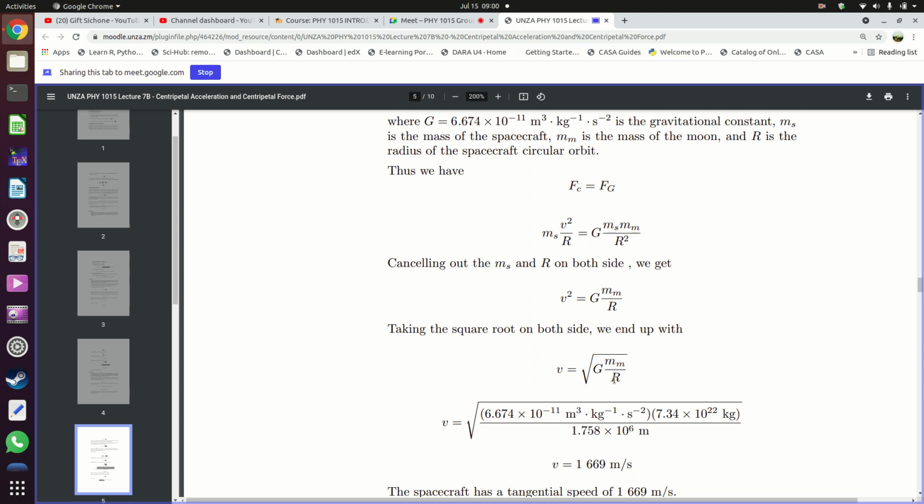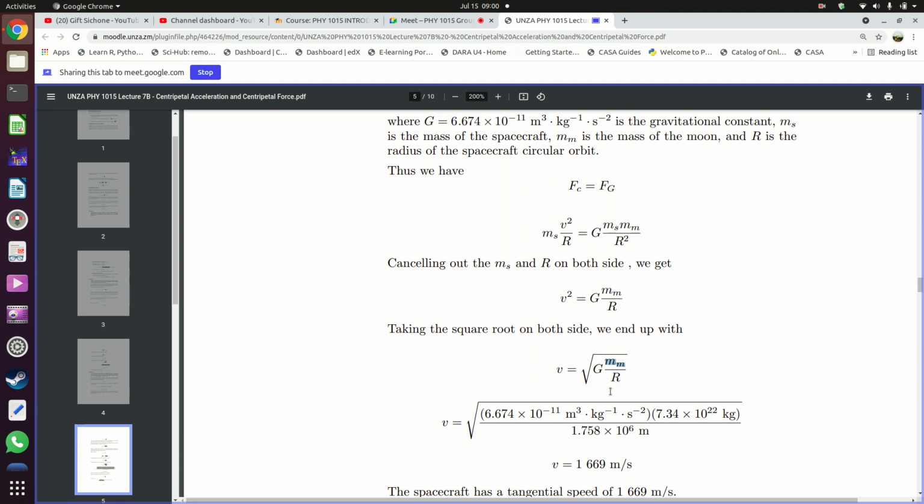Are we clear? The speed of a spacecraft, whether it's a satellite or the International Space Station or anything, as a spacecraft is going around the planet or around the moon, does not depend on the size of the spacecraft. It depends on the size of the object the spacecraft is going around.